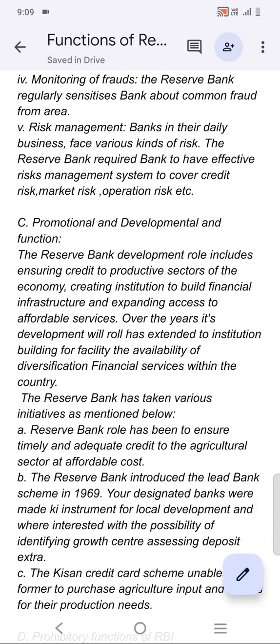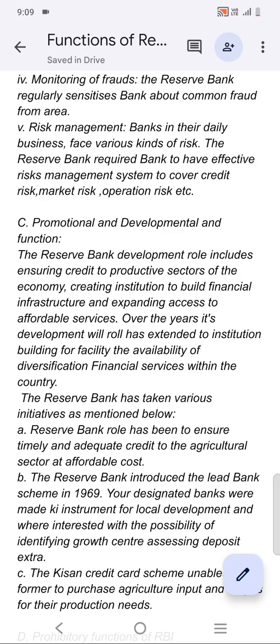Moving towards promotion and developmental function, the Reserve Bank's developmental role includes ensuring credit to the productive sector of the economy, creating institutions to build financial infrastructure and expanding access to affordable services.